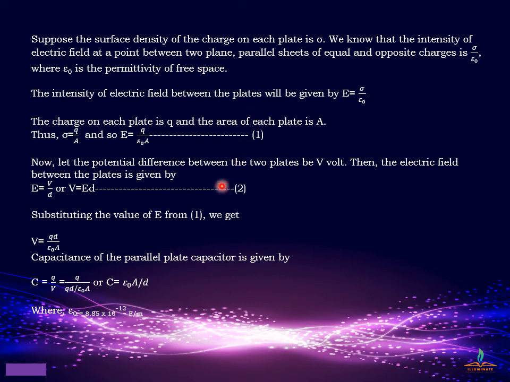If we equate these two equations and substitute the value of E, then we get V is equal to QD upon epsilon 0 A. The capacitance of a parallel plate capacitor is given by Q by V, which is equal to Q upon QD upon epsilon 0 A. So finally we derived the equation for capacitance: C is equal to epsilon 0 A by D, where epsilon 0 is the permittivity of free space and its value is 8.85 into 10 raised to minus 12 farad per meter.